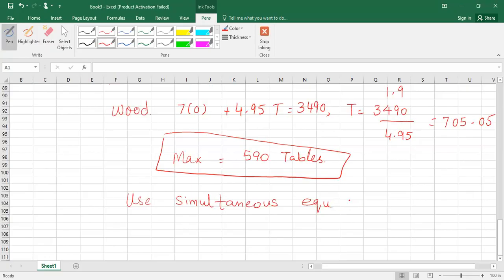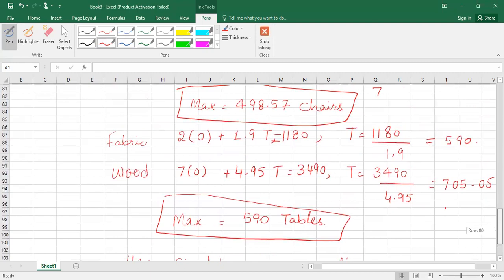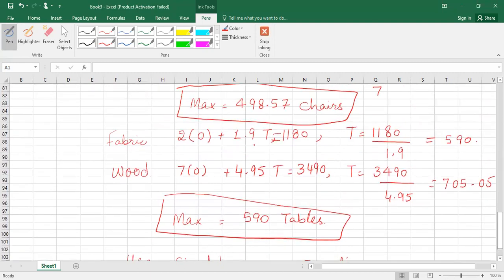So why did we divide by 2 instead of 1.9? 1.9 is the usage of fabric. When I am producing tables only, then I will divide fabric availability by 1.9 and I will divide wood availability by 4.95. If we divide by 1.9, it will be 621 instead of 590. Let me check once again. 1180 divided by 1.9.